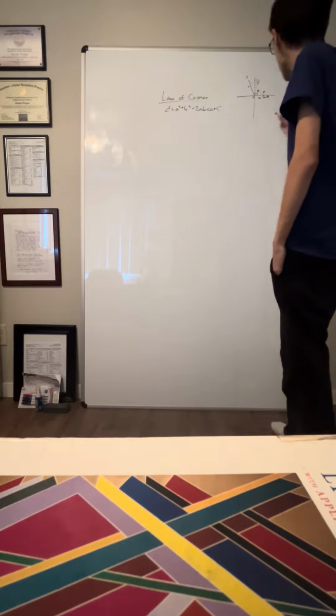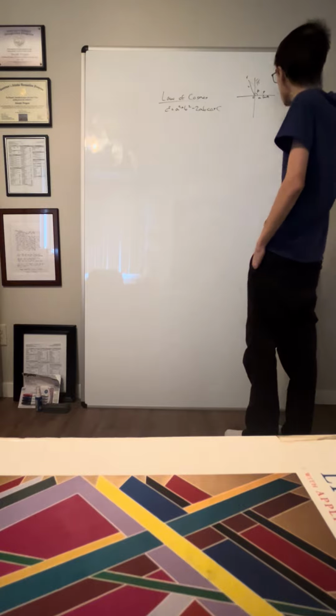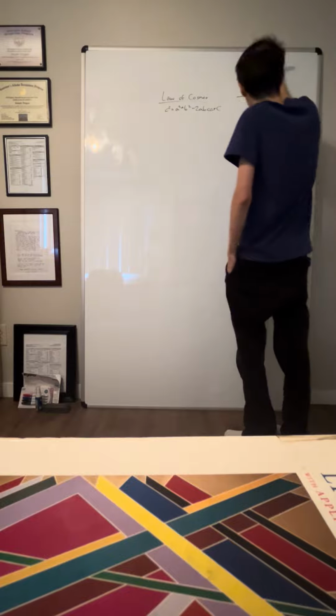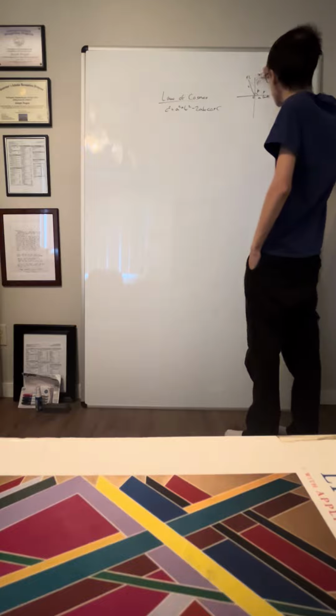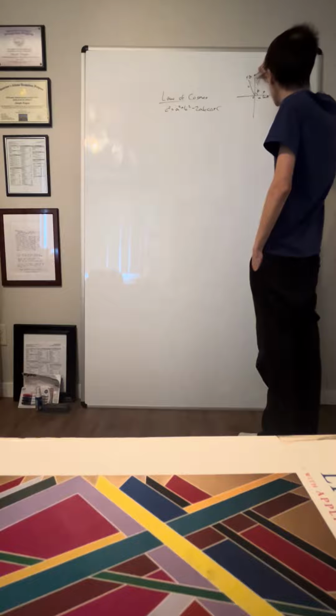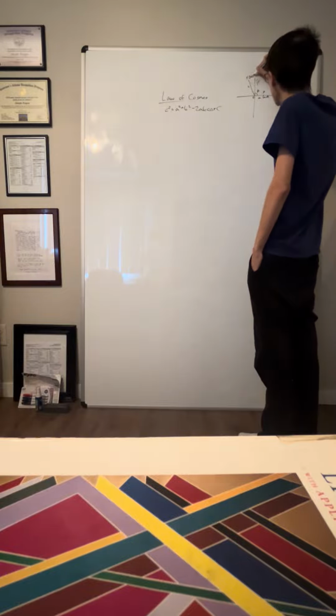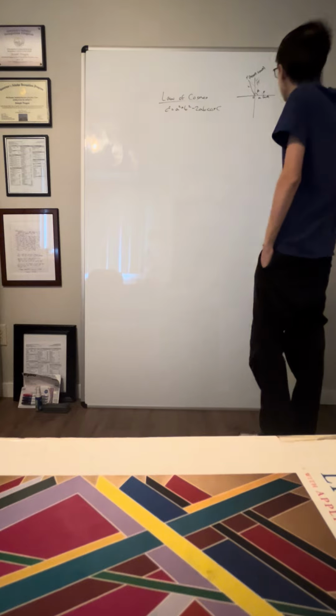So, if this is how it's going to be constructed, then we can describe this vertex arbitrarily in x, y form as (b cosine theta, b sine theta).